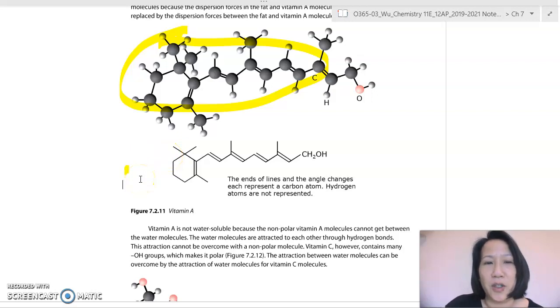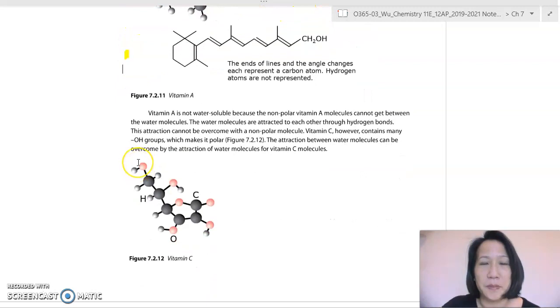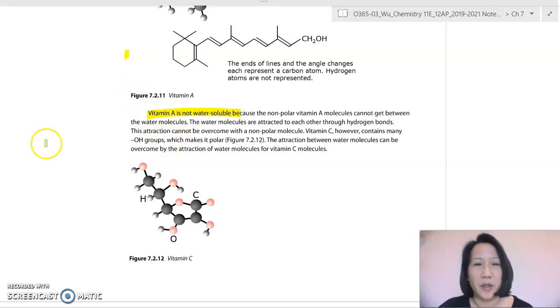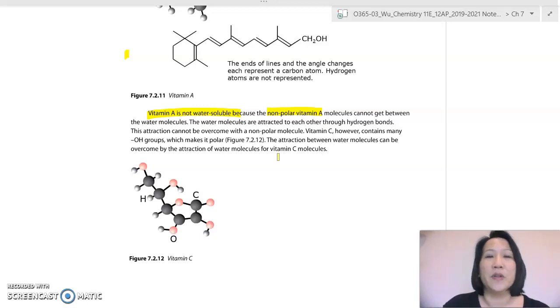Making the molecule nonpolar. And so vitamin A, the entire molecule, is considered to be not water soluble. The molecule is nonpolar and not able to get in between those water molecules and breaking apart those hydrogen bonds.